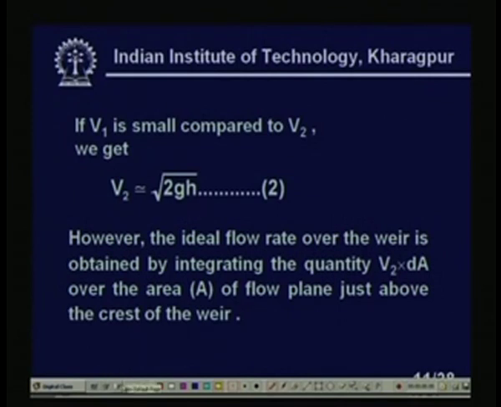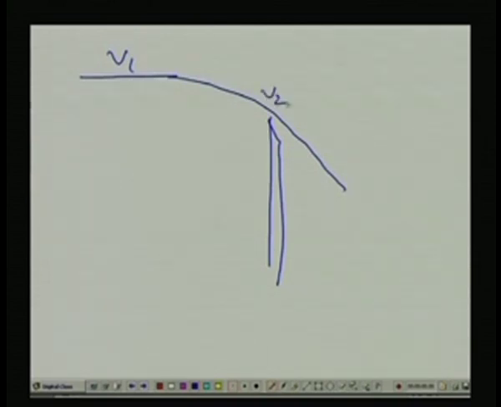Please remember another thing. If I take a blank page, it is easy to understand. You see here, I have a crest here. Here the velocity is V 1, the liquid is falling down, and here is V 2 at the crest.